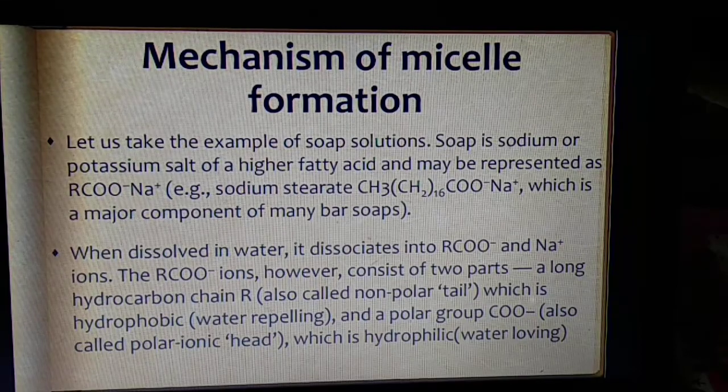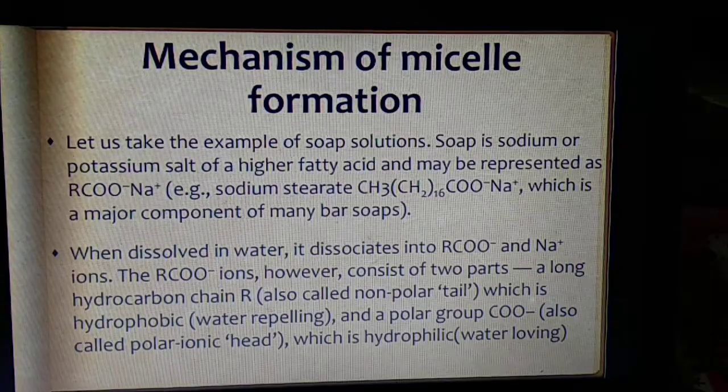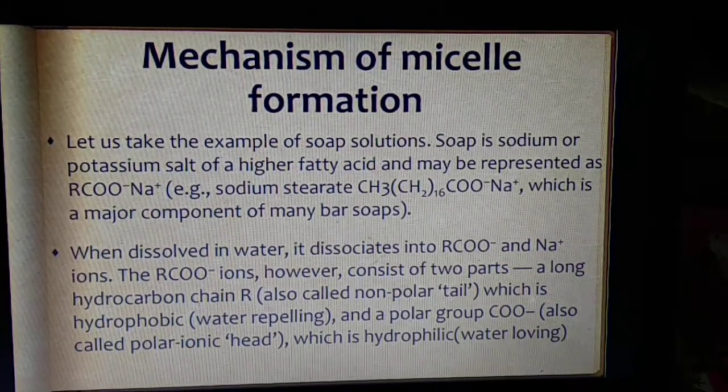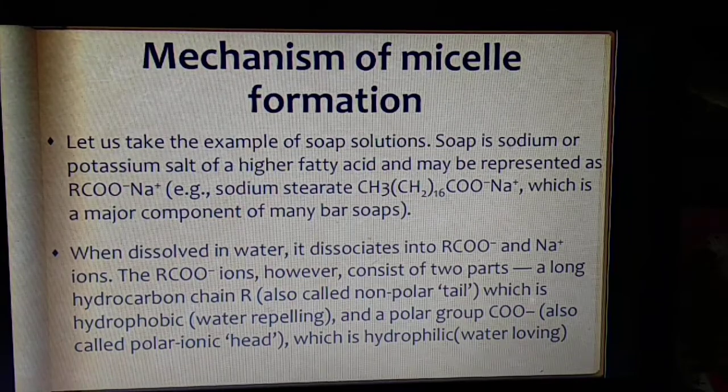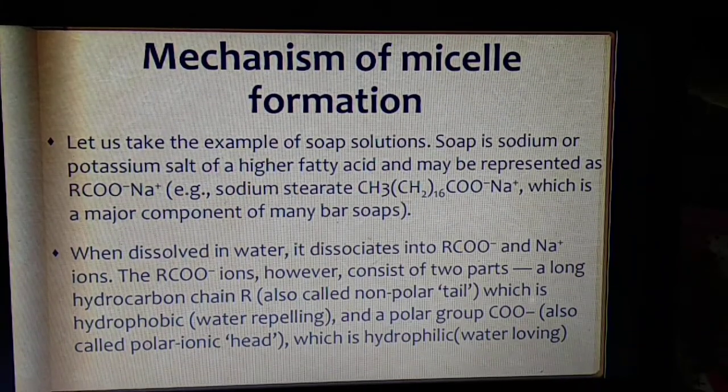So the alkyl part R is the hydrophobic part, and COO⁻ is the hydrophilic, polar part. As you know, like dissolves like. So the polar part dissolves in water and the non-polar part is not dissolved in water. So in a soap there are two parts, polar and non-polar. One is the tail, that is the alkyl or hydrocarbon chain.